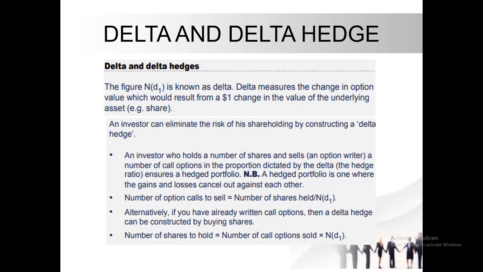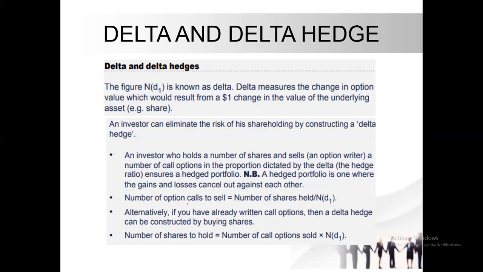Before we talk more about the application, let's look at a small computation here. An investor holds a number of shares and sells an option, it is an option writer, a number of call options in the proportion dictated by the delta, ensures a hedge portfolio. So the number of options that you must sell is, you take the number of shares that you have and divide by ND1.